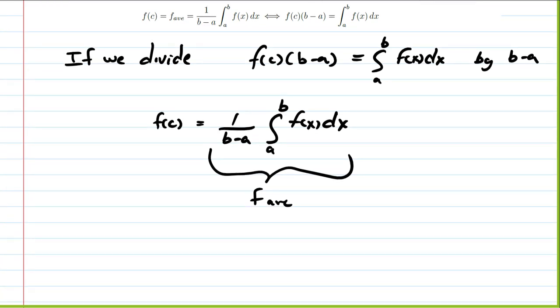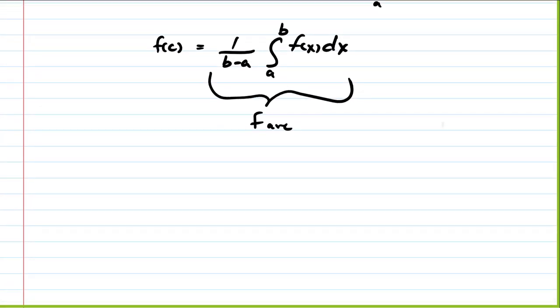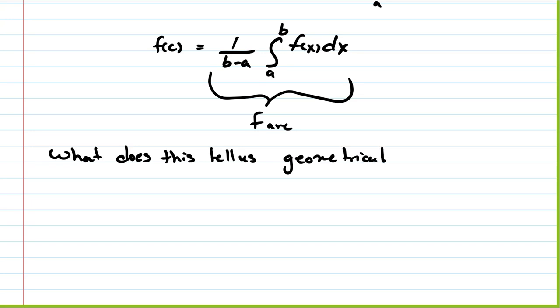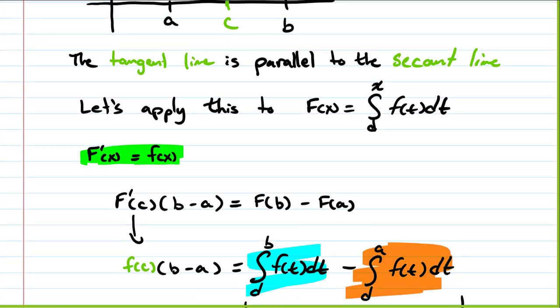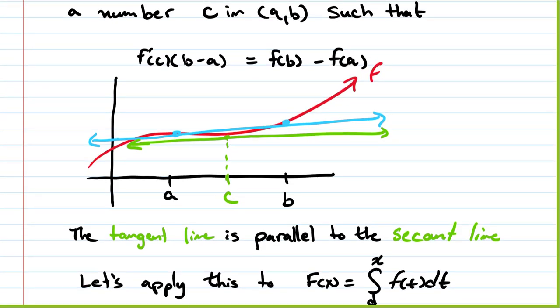So combining those two ideas, going back to our geometry, what does the mean value theorem for integrals tell us geometrically? So remember, the mean value theorem for derivatives said there existed a number in between a and b where the slopes were equal.